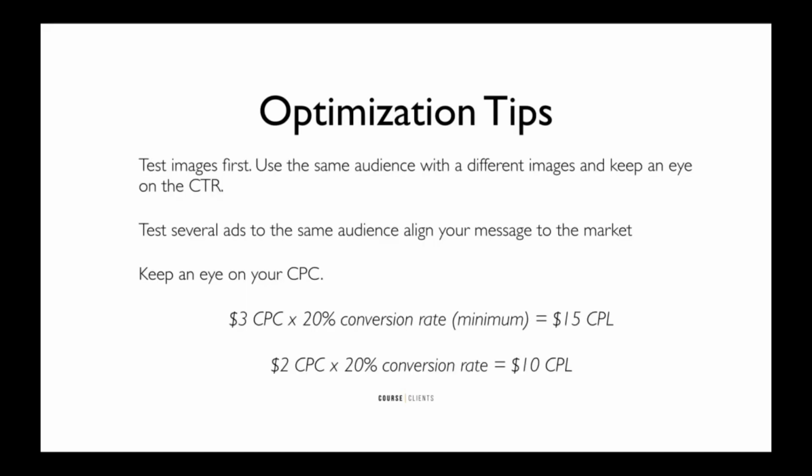So let's go through a couple of tips when you're actually making changes. So you know by the numbers now when you need to make a change and where you need to make a change. Now let's talk about what changes you actually need to take a look at. When you're optimizing your ads, I always say test the image first.